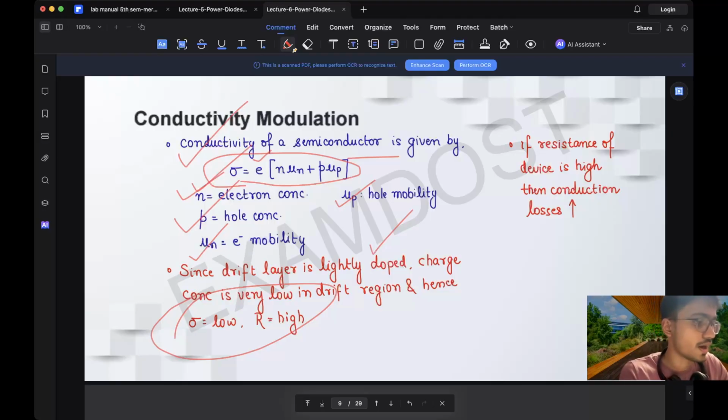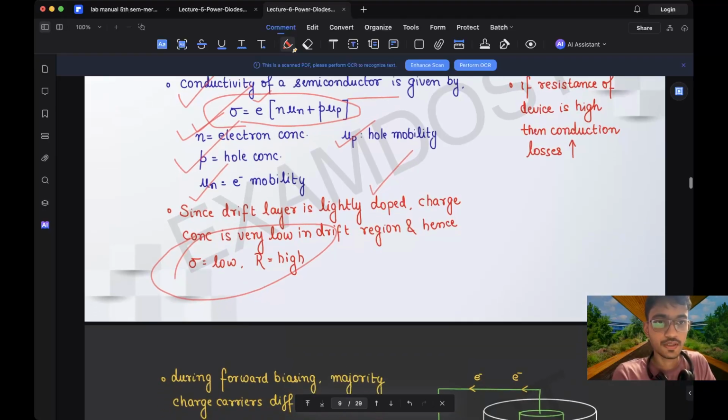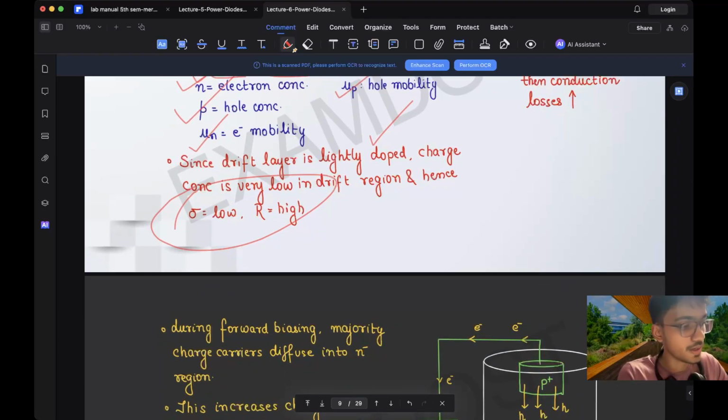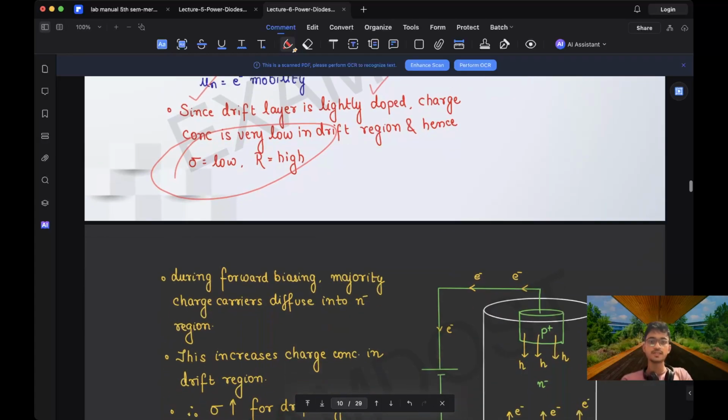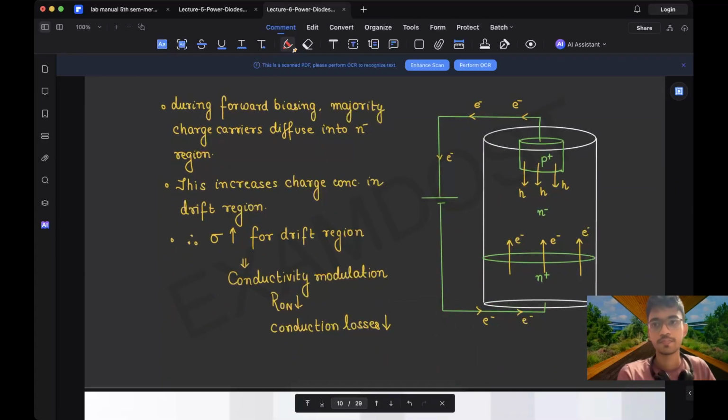And that is why sigma is low, because it is directly proportional, and R is high because it is inversely proportional to sigma. Resistance is high, then conduction losses will be high. Yeah, I'm making short notes. If you need them, please comment. I will provide them.